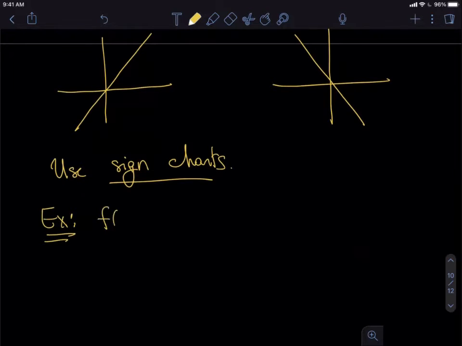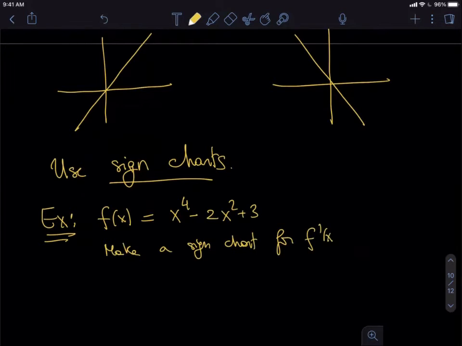What do I mean by that? Let's do an example. x to the power 4 minus 2x squared plus 3. And here we want to make a sign chart for the derivative. And then we will try our luck with graphing the function f.